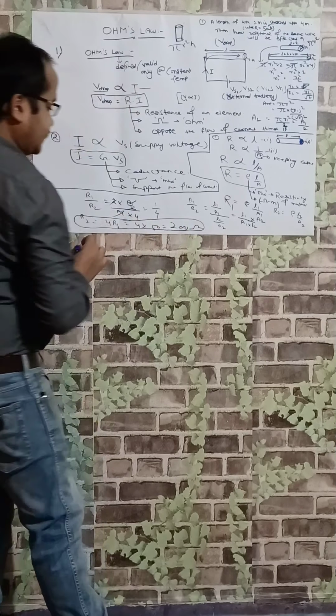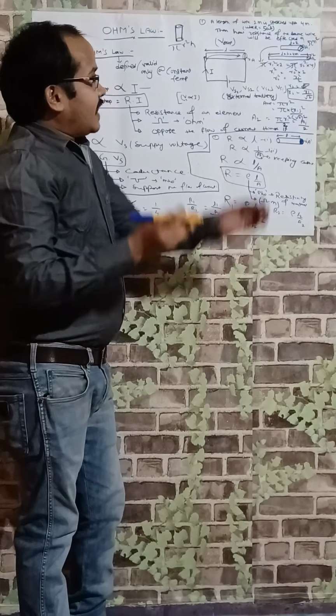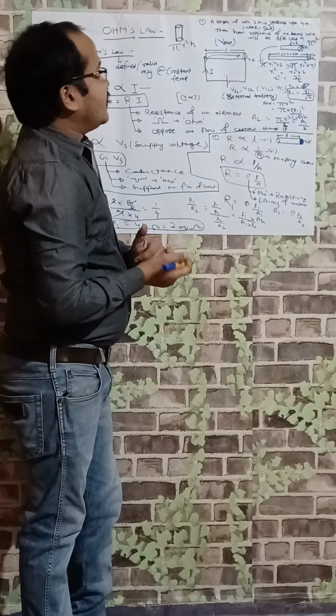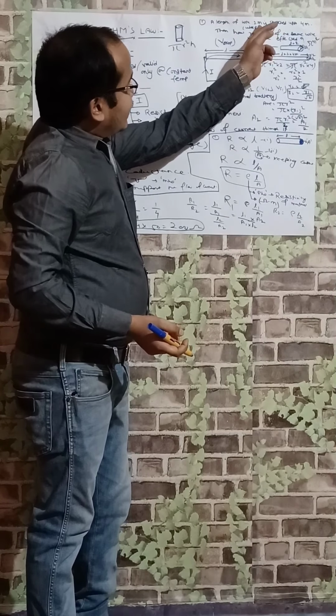If we do not concentrate while reading the question, we will directly say that R2 will be 100 ohm. No. Here, the length of the wire is increasing 2 times, so resistance will increase.